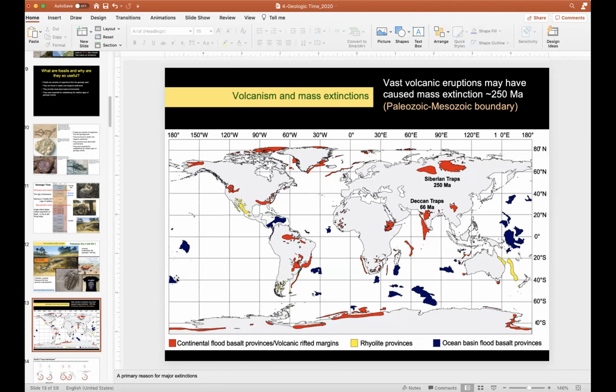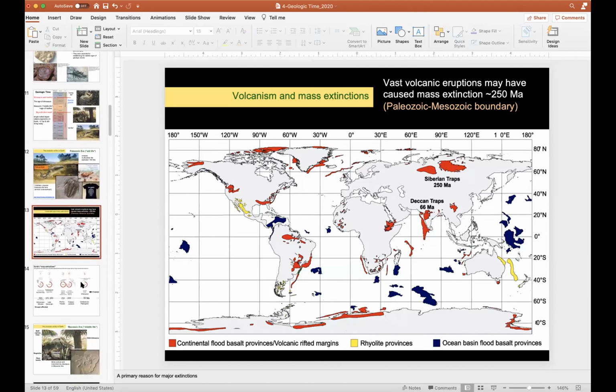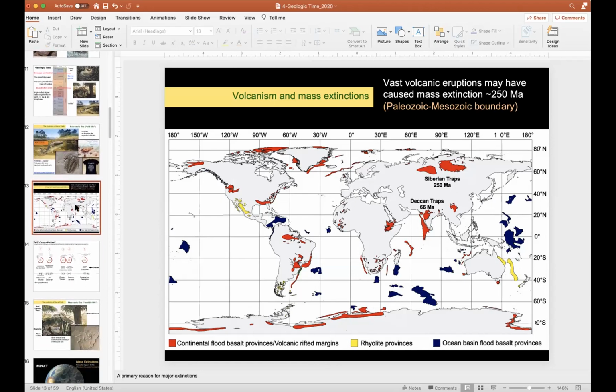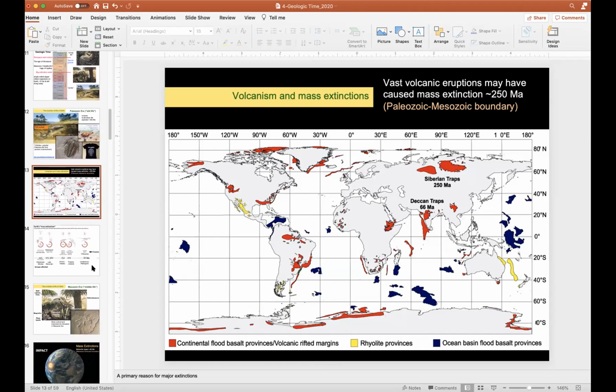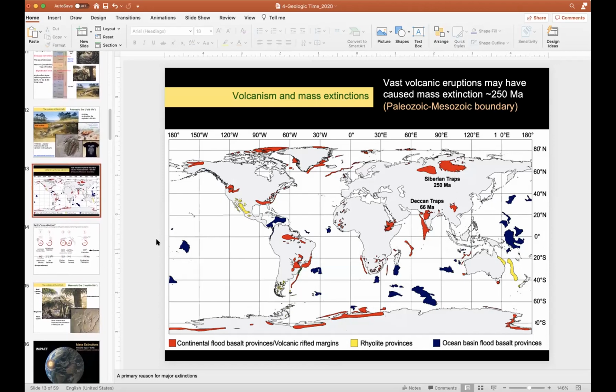So this is kind of a map, and I don't have ages for all of these, but this is kind of a map of all of those locations that may have contributed to these extinction events. So we're talking about carbon monoxide, carbon dioxide, sulfuric acid, which turns into sulfur dioxide, which is a greenhouse gas.